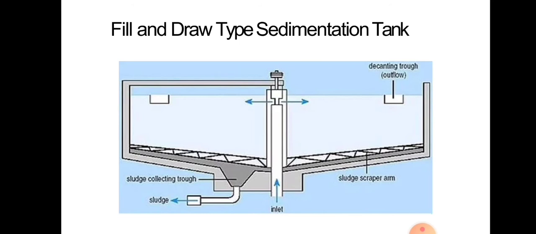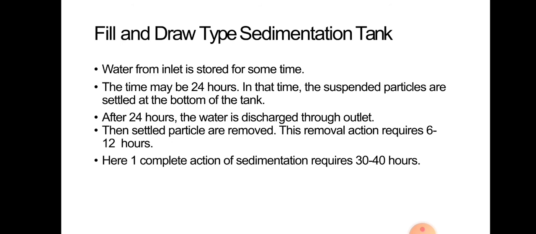So I hope it is clear. So in a fill and draw tank, water will be stored for around 24 hours. After that it will be discharged, the same thing I told you. So one complete action of the sedimentation process will take about 30 to 40 hours in a fill and draw type of sedimentation tank.